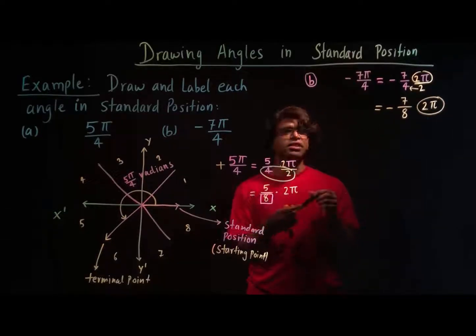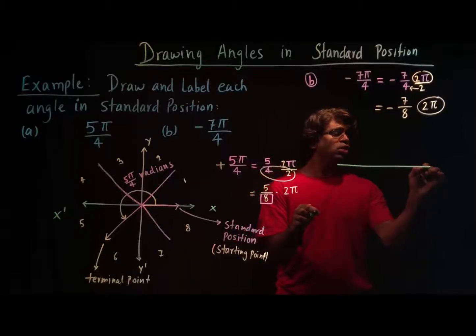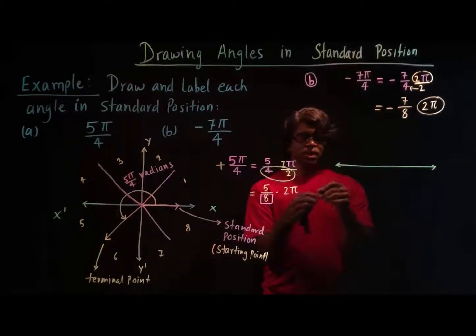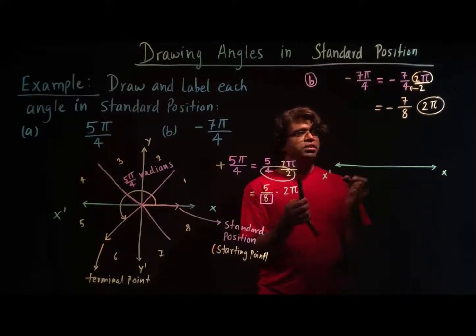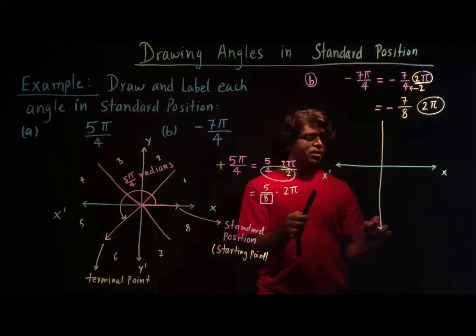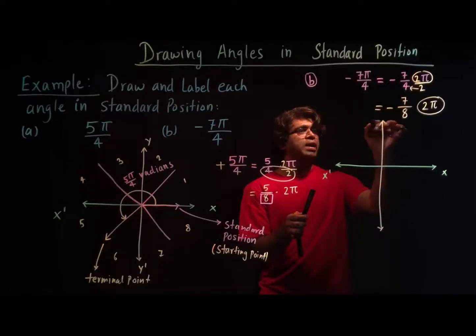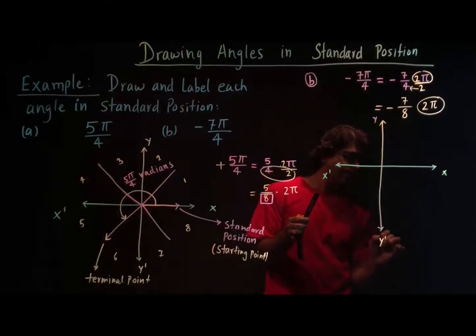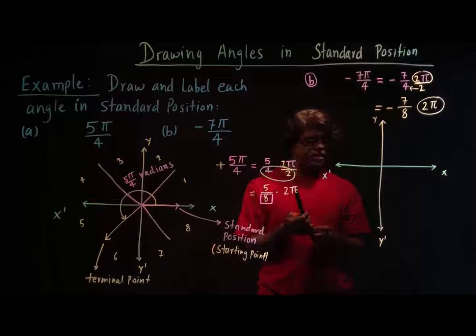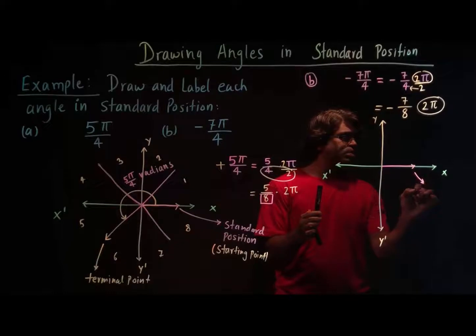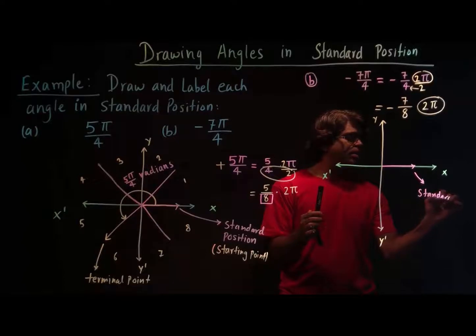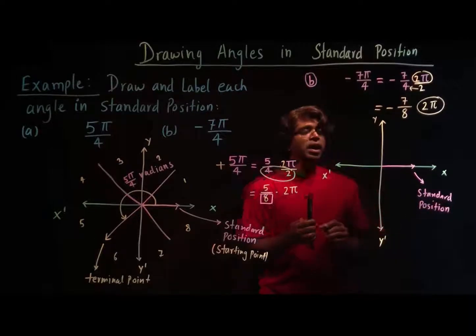Now let's consider our x-axis. This is my x-axis, x dash, and this is my y-axis, y and y dash. This is my starting point, or I should say standard position.